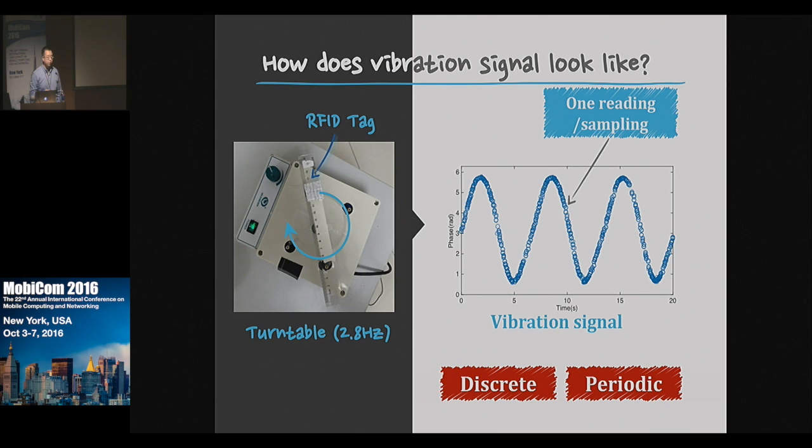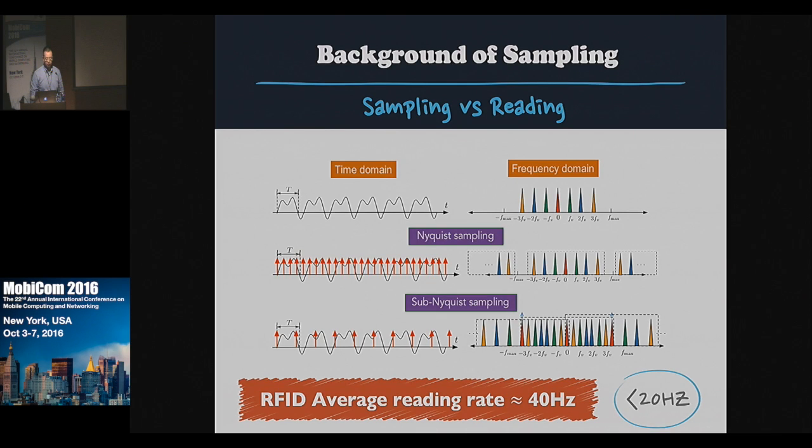And more importantly, we can regard each reading of the tag as one sampling of the vibration. Sampling is a process that converts a continuous signal into discrete values. The fundamental theory about sampling is the Nyquist sampling theorem. It states that the sampling frequency must be at least twice the maximum frequency of the signal, and then you can exactly recover the signal.